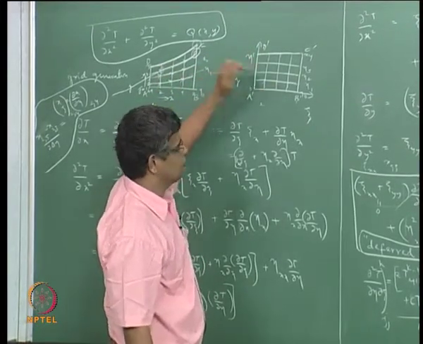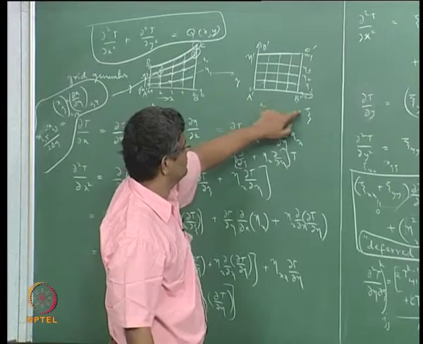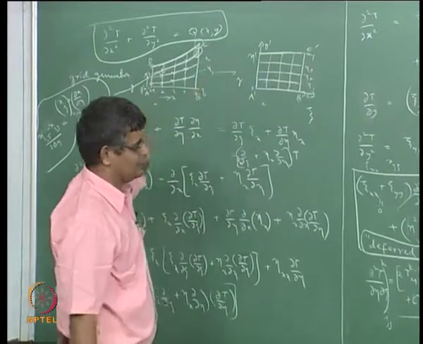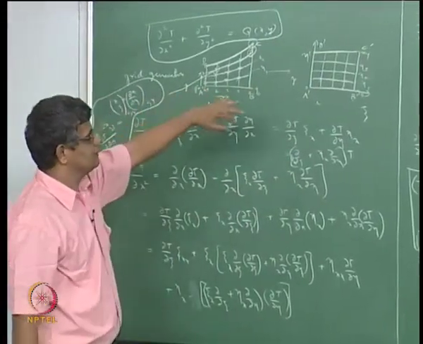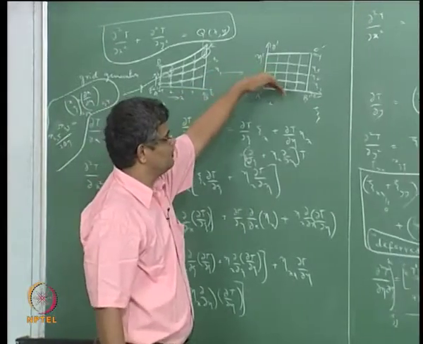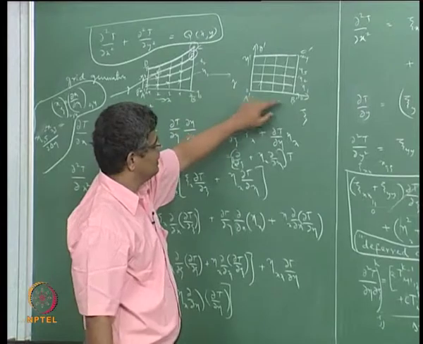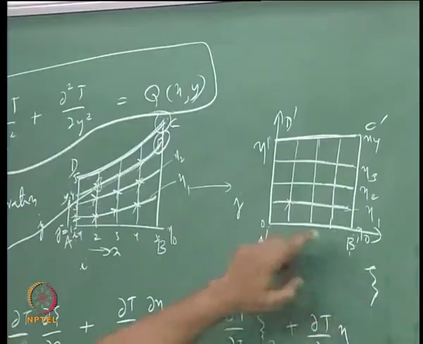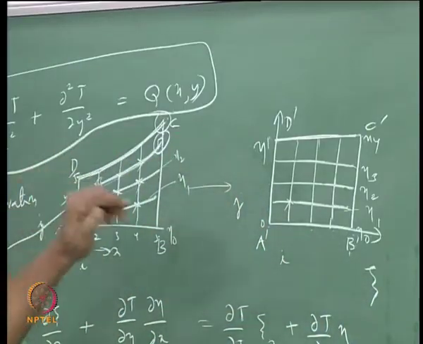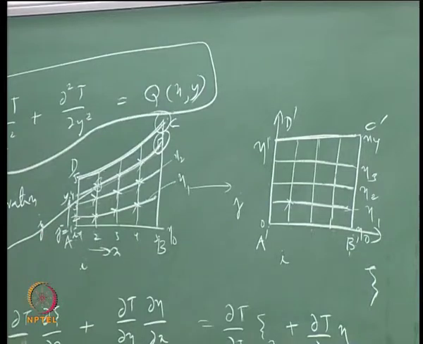It is like a cube going from 0 to 1 in the 3 directions, and within this we can have uniform spacing of lines of constant psi, constant eta and constant zeta.